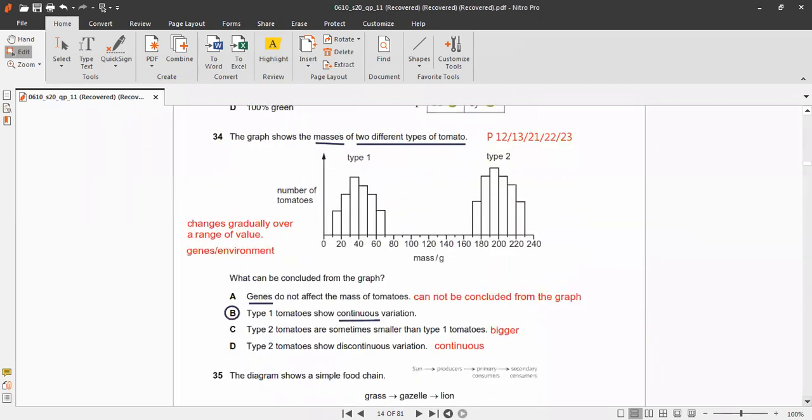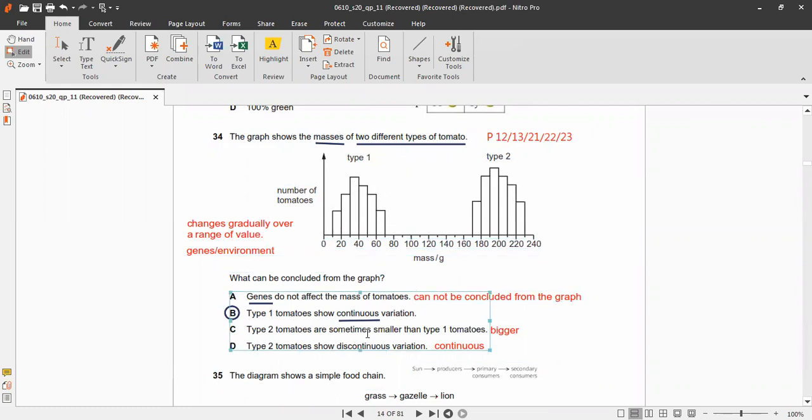The graph shows the masses of two different types of tomato. What can be concluded from the graph? A, genes do not affect the mass of tomatoes, cannot be concluded from the graph. Type 1 tomatoes show continuous variation because here there is a range of values.